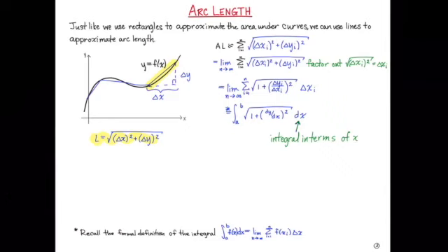If we factored out our delta y sub i, then we'd get the formula for arc length as the integral from a to b of the square root of 1 plus, and now we're in terms of y, so we'd have x equal to something in terms of y, taking the derivative of x with respect to y, that's dx/dy, quantity squared.